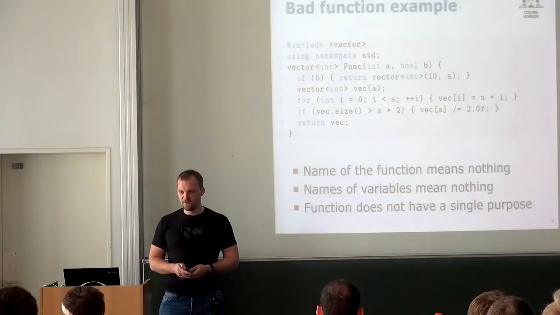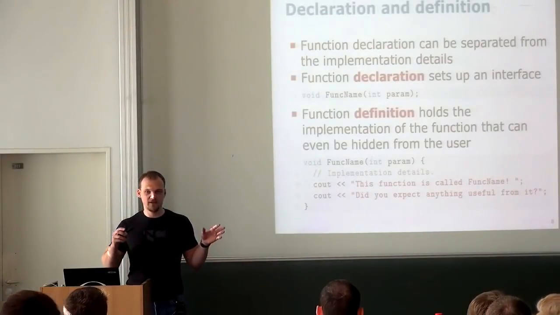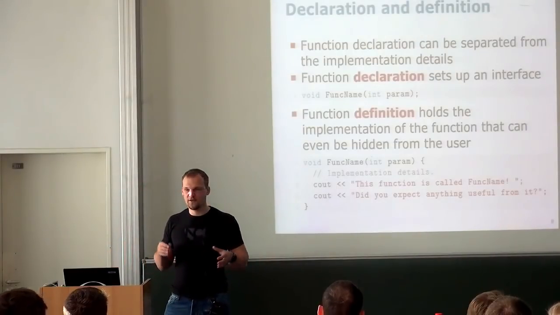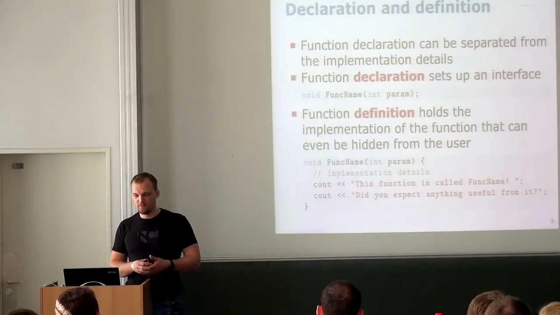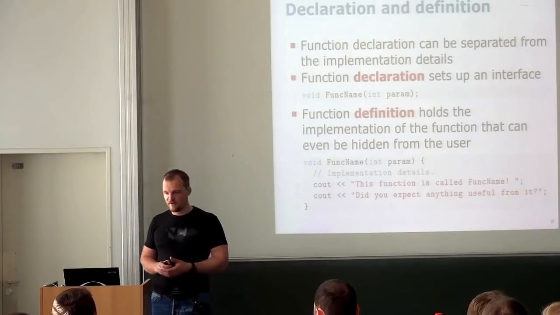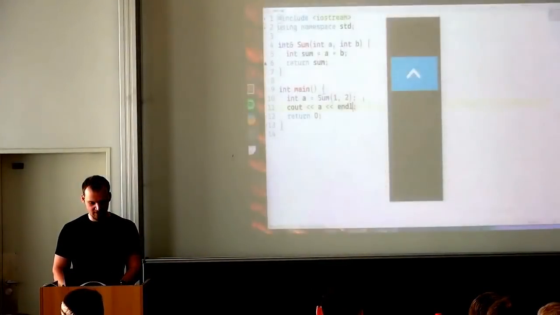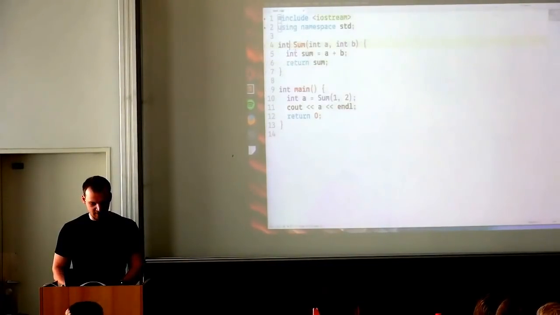Right. So good. At this point, we know how to define a function, but we can also declare a function and then define it somewhere else, which for now we will still do in the same file. So for example, let's make it a proper function.